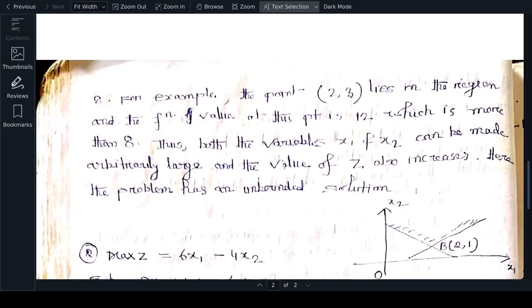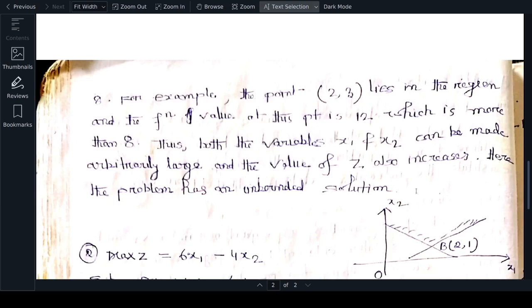But you see, since the given linear programming problem is one of maximization, there exist a number of points in the shaded region for which the value of the objective function is more than 8.